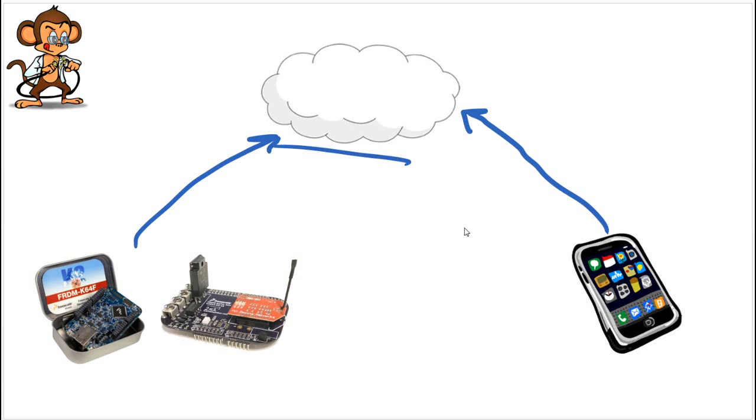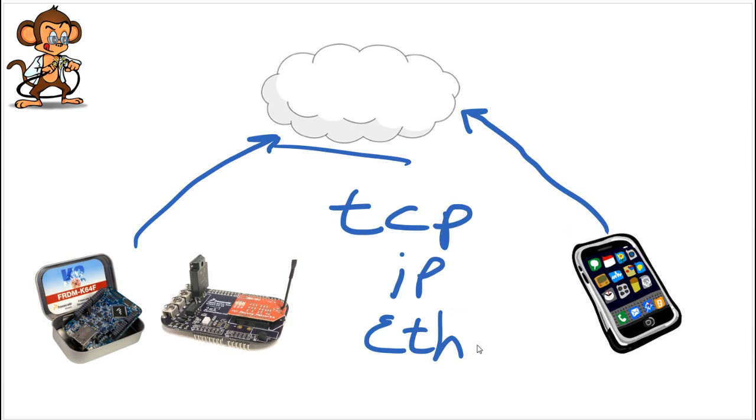One of the underlying protocols in the web is what's called TCP. TCP is layered on top of IP, which uses Ethernet, or in the case of wireless, Wi-Fi.